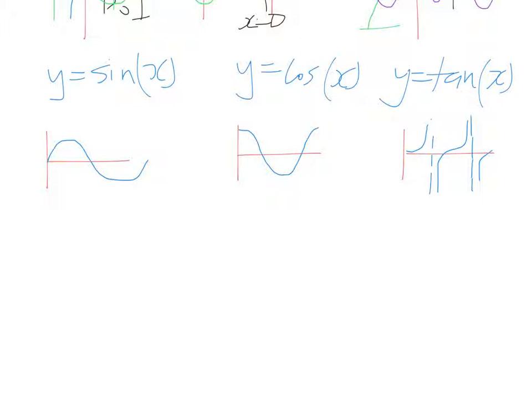Which other ones do we have? Then we've also got our exponential graphs. So we'll have things like y equals a to the x and y equals log a of x. So these ones, let's talk about some key points here. So here we'll have our turning points.